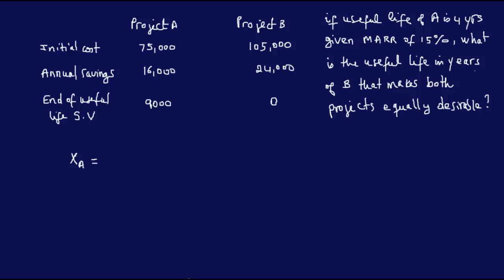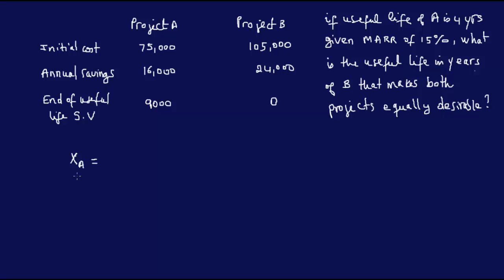Okay, so let's go back here. For project A, that's what I'm calling XA. I forgot what they call it, but it's something like annual equivalent worth.